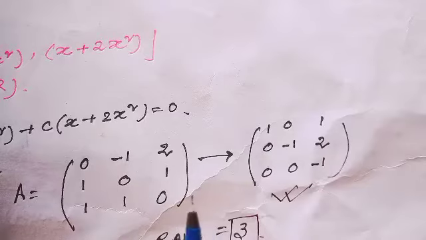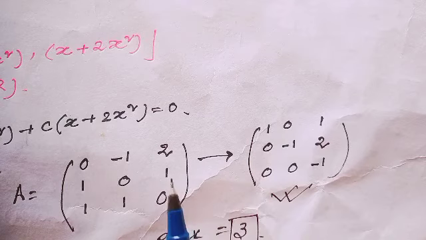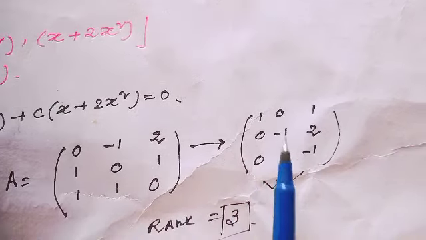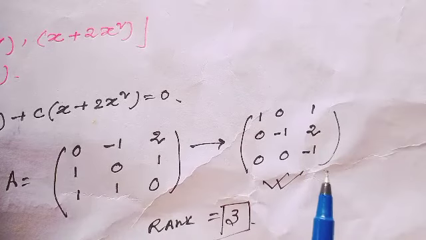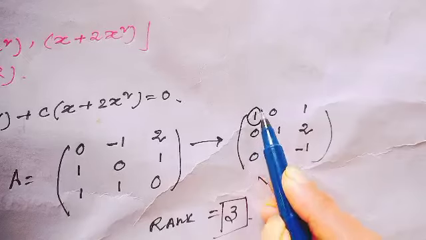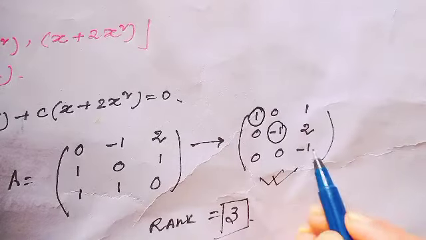Now, similar to before, if we apply the row reduced equivalent form, then this would be 1, 0, 0, 0, minus 1, 0, 1, 2, minus 1. And notice, here 1, here minus 1, here minus 1.